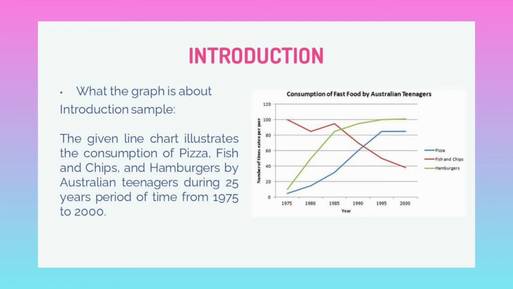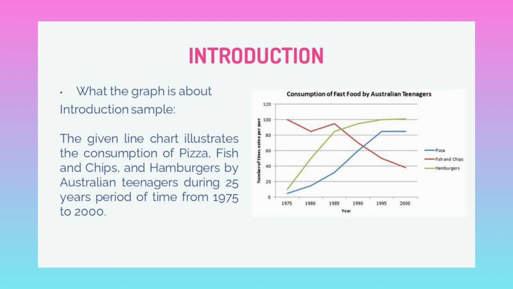The second information is about the categories of fast food, which are pizza, fish and chips, and hamburgers. And the third information is about the years. The year of this chart is started from 1975 to 2000. It means it has 25 years period of time.